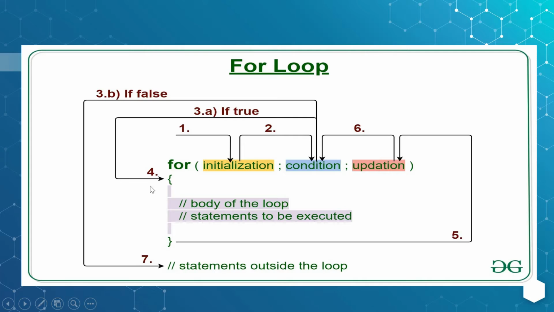If the condition is true, then it will jump inside the for loop, execute it, update the variable and again check the condition. Like that, till the moment the condition is false, it will keep checking, and when the condition is false, it will jump out of the loop.